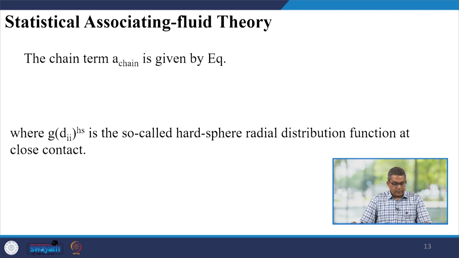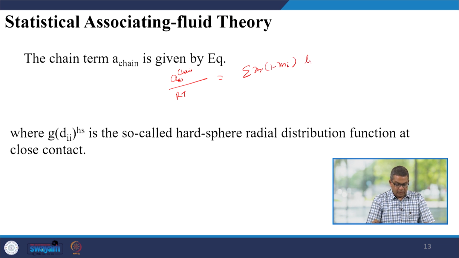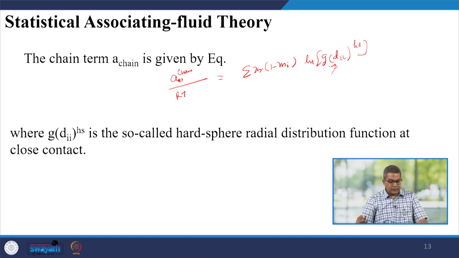Now the chain term, this A chain, is given by A chain over RT is equal to summation xi (1 minus mi) ln g to the power hs, where this term is the so-called hard sphere radial distribution function at close contact.